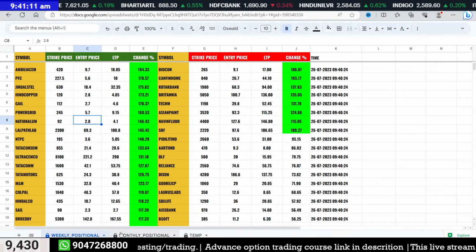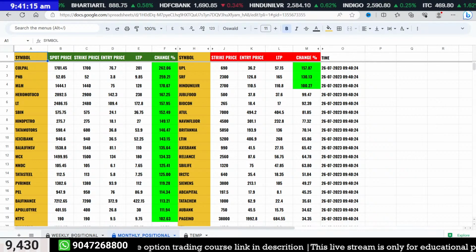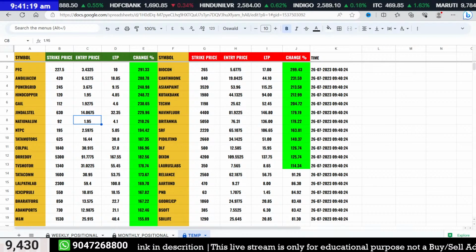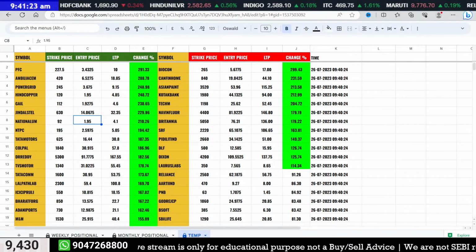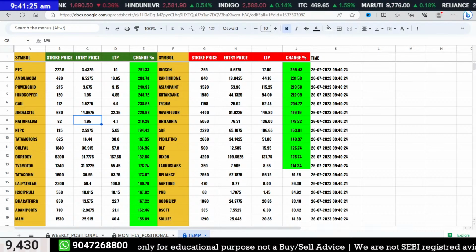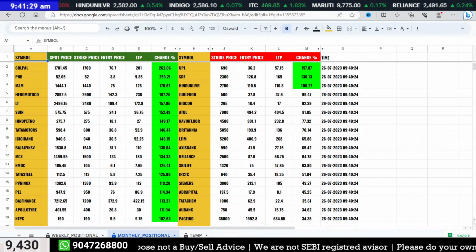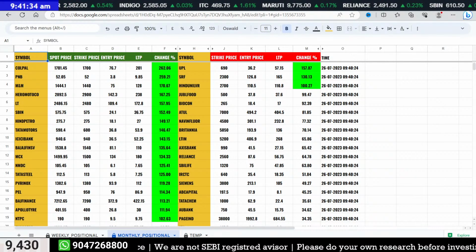So there is a difference between weekly, monthly and temporary sheet terms. Each and every one has different concepts. Monthly positional, we have to focus on trades on a monthly basis. At least 3-4 trades is good enough. So this month, on a monthly basis, we have almost 25 stocks which triggered our target. Maybe around 4 stocks which triggered our stop losses too.